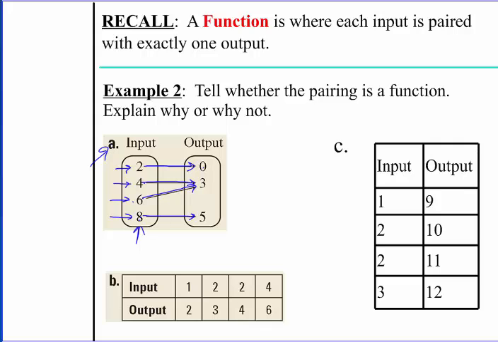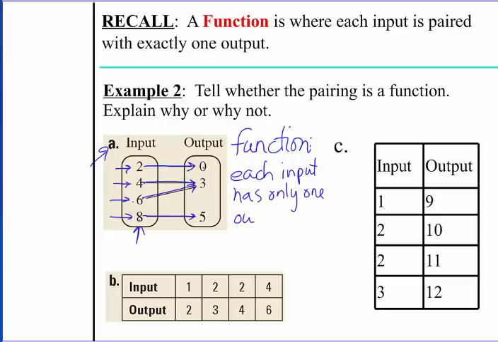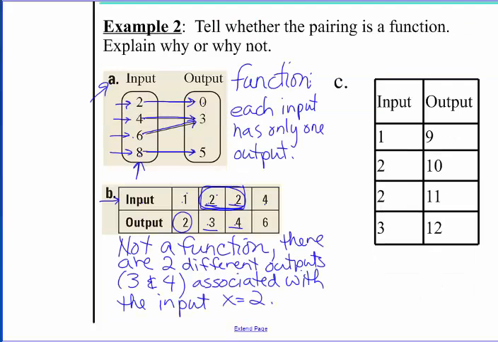They can share the same output, but they can't have two different outputs. So each number has one output. This is a function. This is your reasoning, each input has only one output.